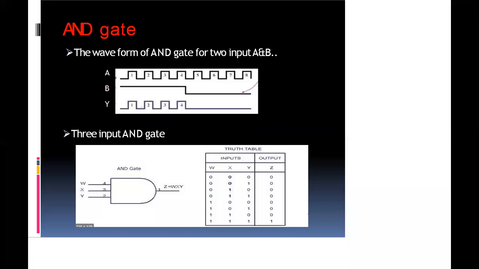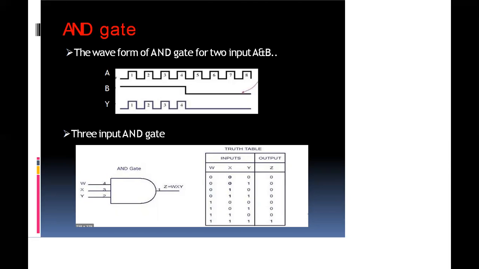And here is the waveform of AND gate of two inputs, that is here if we put the inputs A and B here, and then we finally get the result of output. And for three inputs we also get the result of AND gate. Previously we only discussed two inputs, and here three input AND gate is also shown.